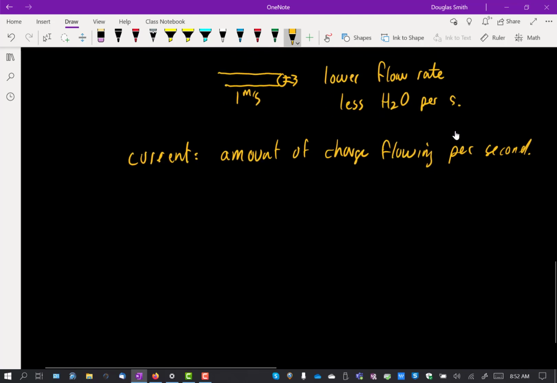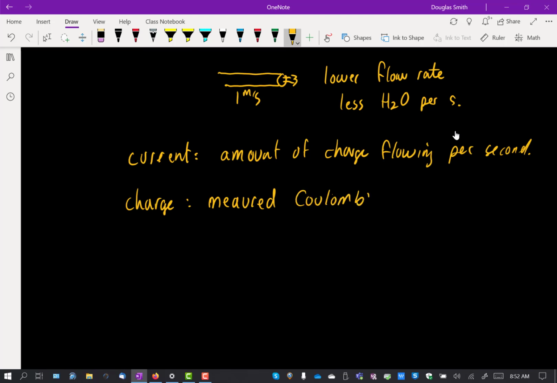So charge, it's measured in coulombs. That's what it's called. There's a guy named Coulomb a long time ago, and he kind of came up with this idea.